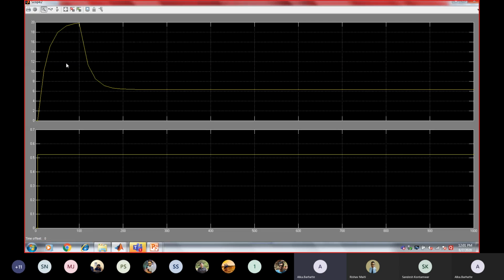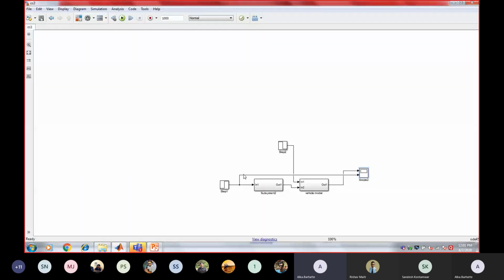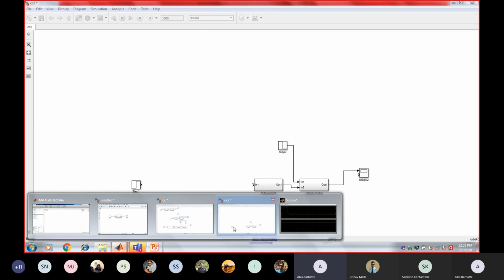So this is the expected output. I think there might be the same issue. Okay, so here we are getting the change. Now we want to compensate that change, and for that I'll just remove all these connections. I'll add the PID controller.